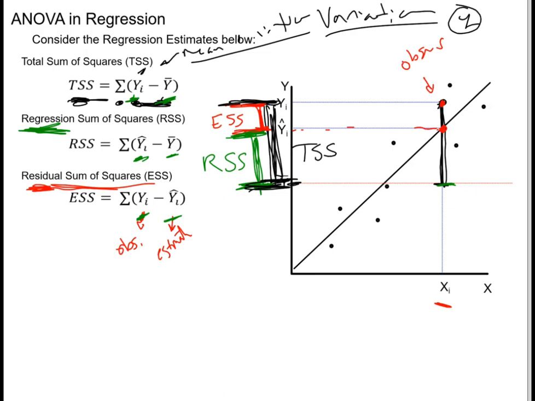There's this portion that's related to the regression piece, and then there's this portion that's unrelated to the model. This error piece is what's left over from our regression. The total amount of variation in our Y is made up of variation that's captured by our regression as well as leftover variation.